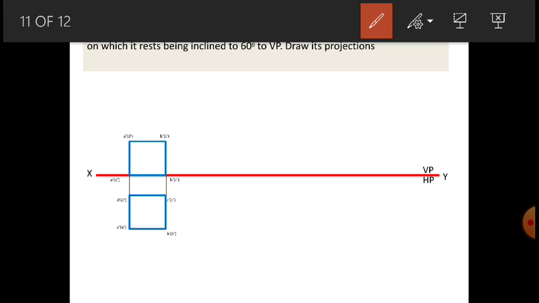You can see C dash and A dash, the markings have been done.